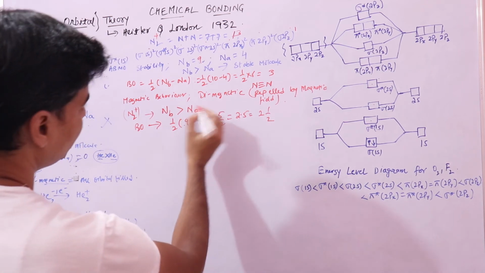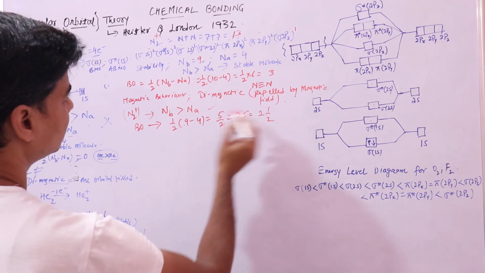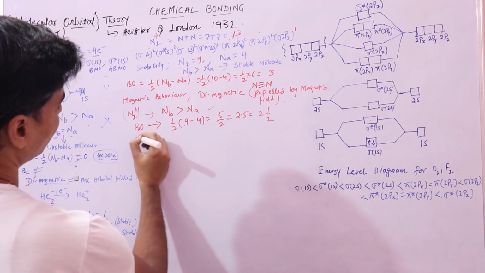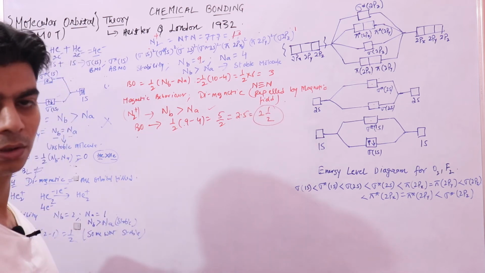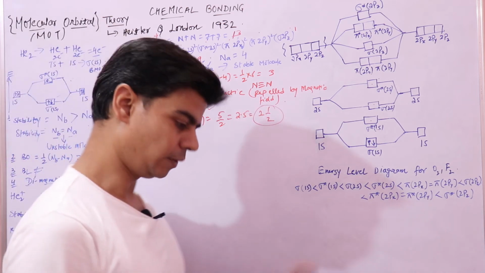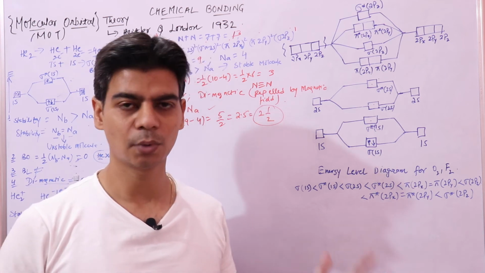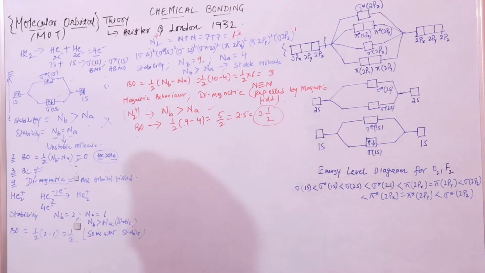So the molecule exists and is stable. Like I said, molecular orbital theory is a little advanced theory, and it does tell us that even a half bond exists between molecules.